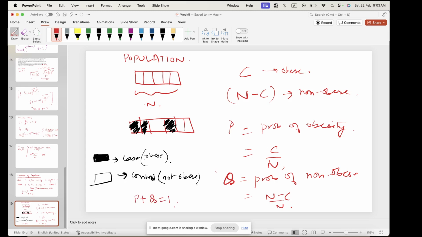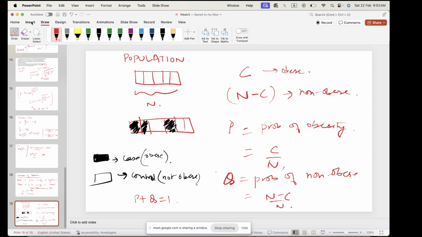Okay, so in these sort of scenarios also the estimation process is fairly straightforward. So how are these sort of proportions, population proportions, estimated? So this capital P is actually the population proportion, right?